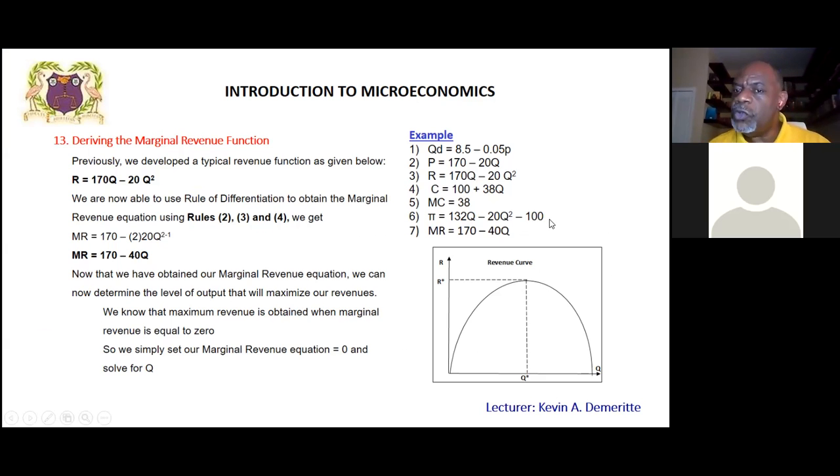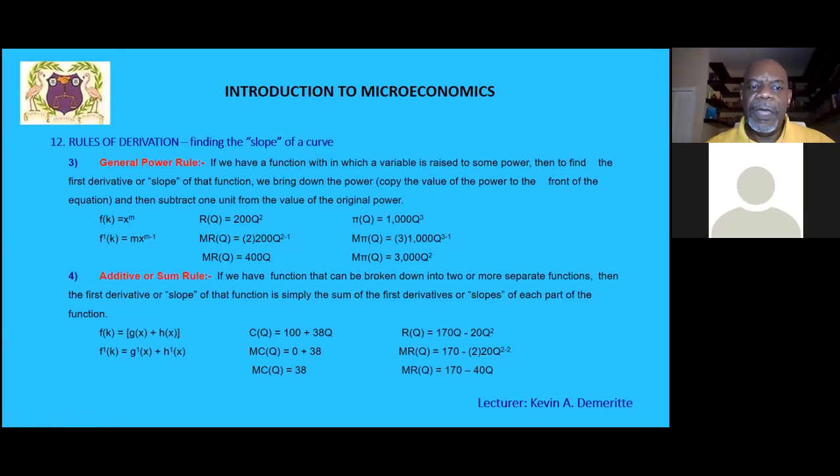So the first two rules allow us to deal with functions that look like number 2 and number 4. Rule number 3 is what we call the general power rule. Rule number 3 is probably the most complicated of all of them, and it's not all that complicated.